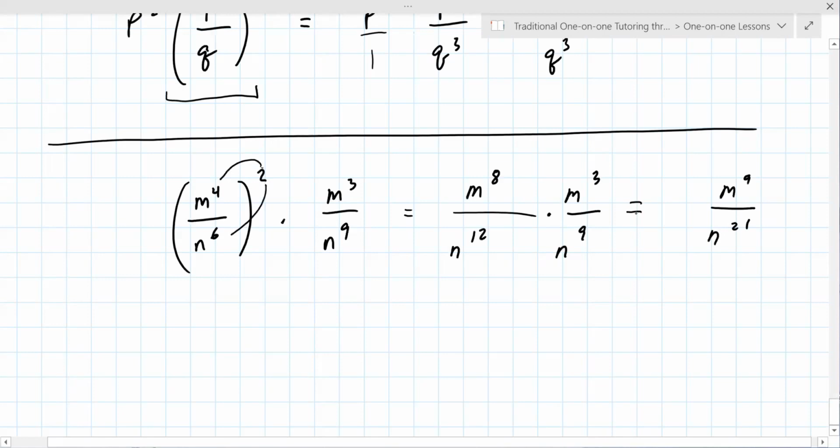Do you want to change anything about your final answer? I do. It would be m to the 11th over n to the 21st. Perfect. All right, good job.